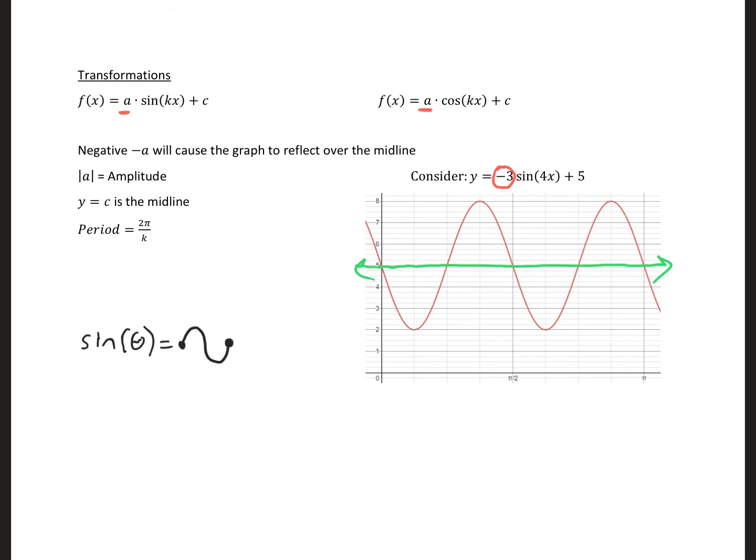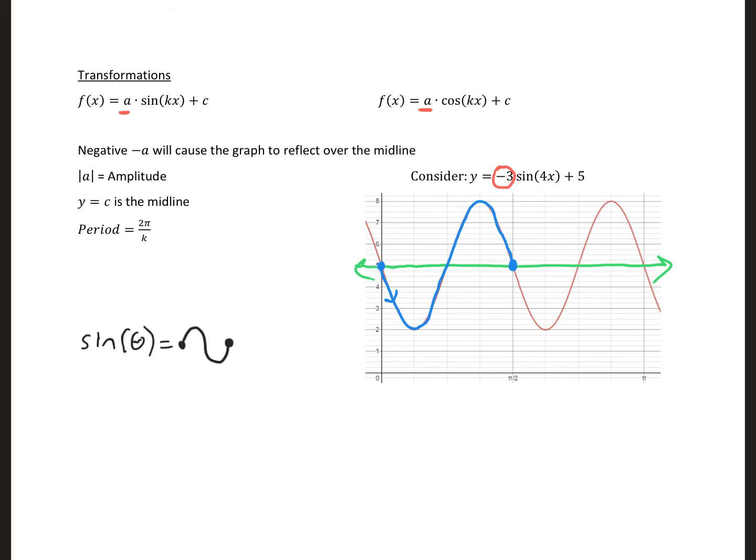Notice in our graph, instead of starting on the midline and going to a peak, it starts on the midline and goes to a valley. Then from the valley comes back to the peak. Here is one period of this graph. So that is a reflection over the midline. Instead of going to a peak, this graph goes to a valley first. So the negative in front causes that reflection.